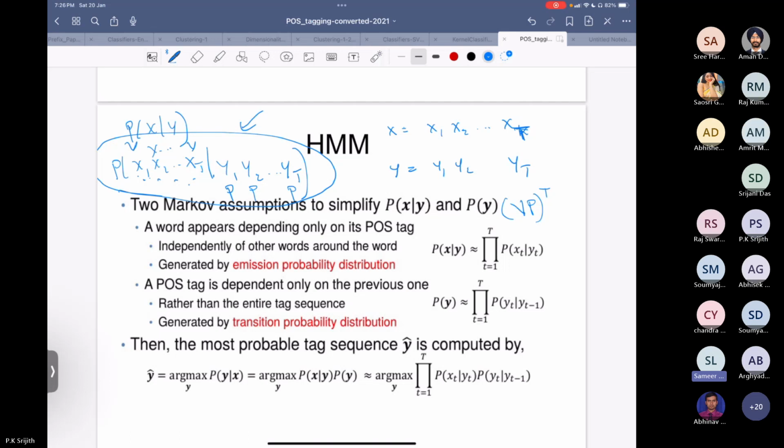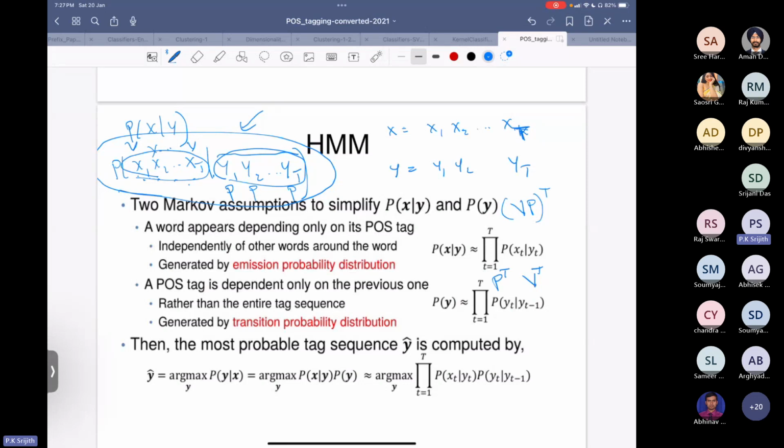Considering all these y's can take p values and v is the corpus, for each of these y1 to yt, the number of different possible values x1 to xt can take is going to be v raised to t. And how many different y1 to yt are possible? p raised to t.